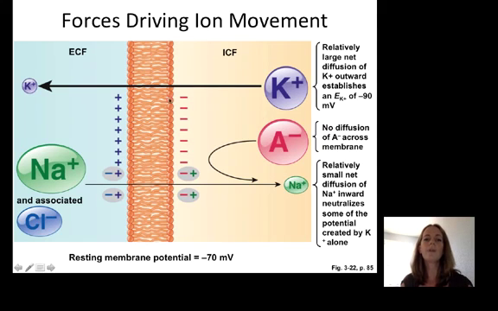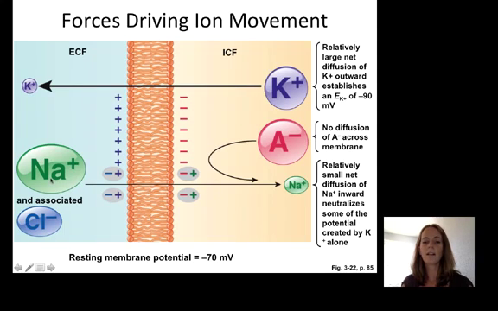Okay, so overall, let's look at the forces that are driving ion movement inside the cell. And now this is much better. This is a better diagram from the previous sodium one. So overall, if we open potassium channels, potassium wants to leave the cell. It has an overall driving force to go out of the cell. For sodium, sodium wants to get in the cell.